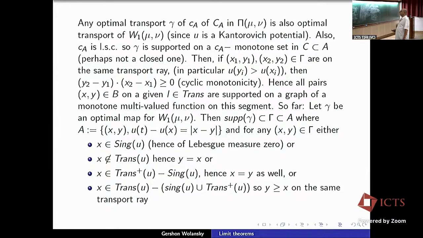It means that there is no y different from x, so the two endpoints of this interval shrink to one point. Then points at the end of the transport ray which are not singular, and all the rest of the points, which are in the interior of the transport ray.